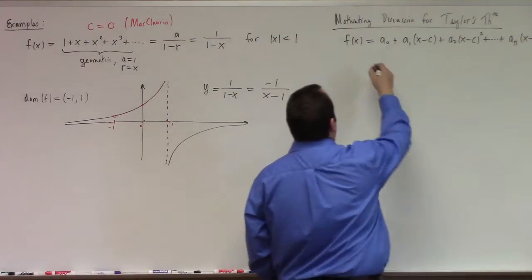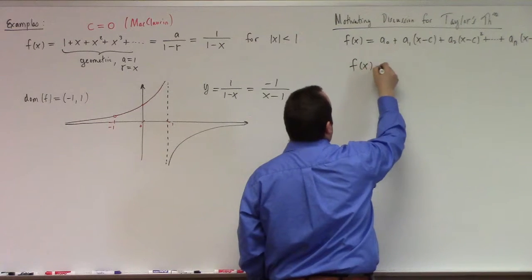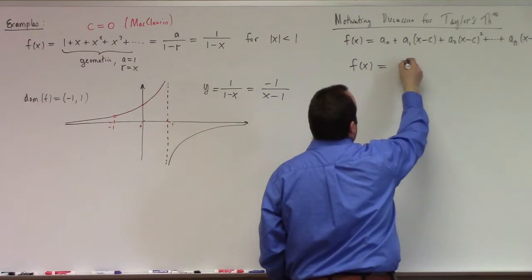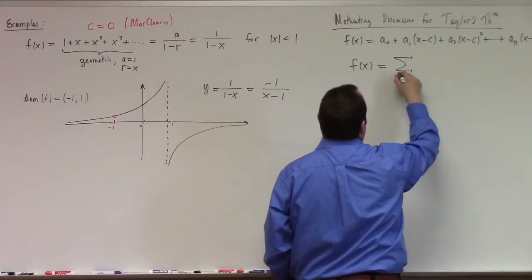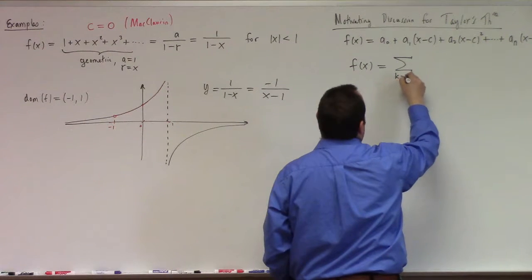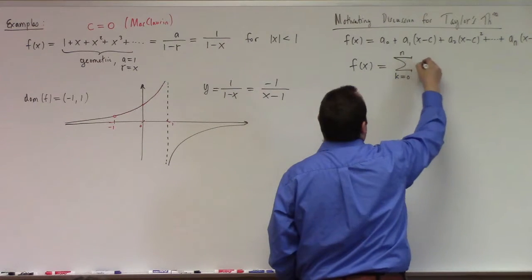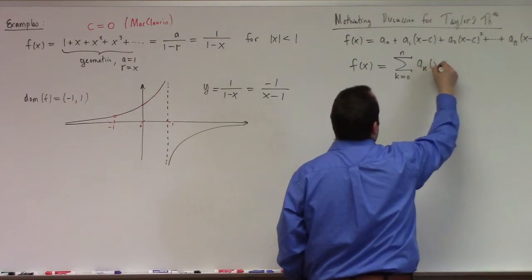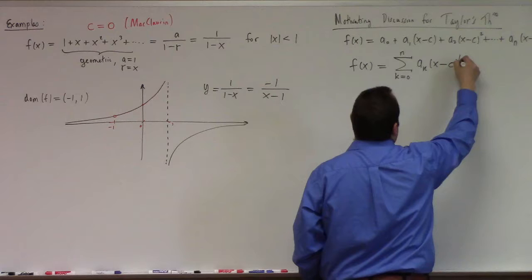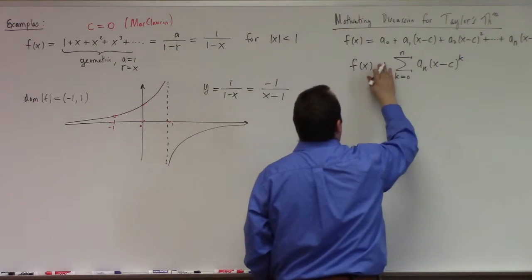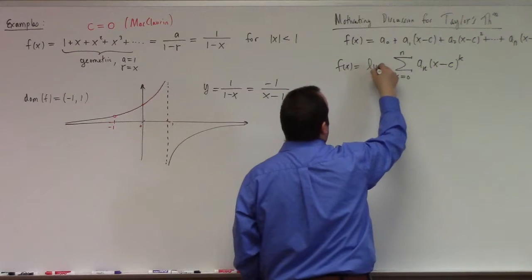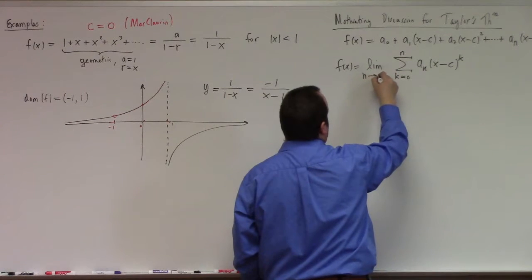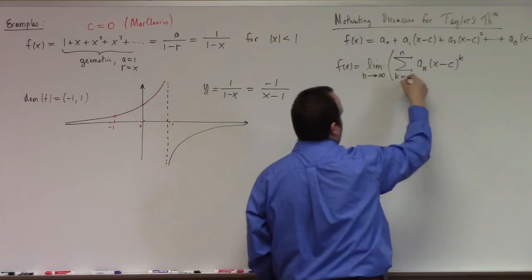So you could say that f of x is equal to the sum, k equals 0 to n of a sub k times x minus c to the k power, right? And then take the limit as n goes to infinity of that.